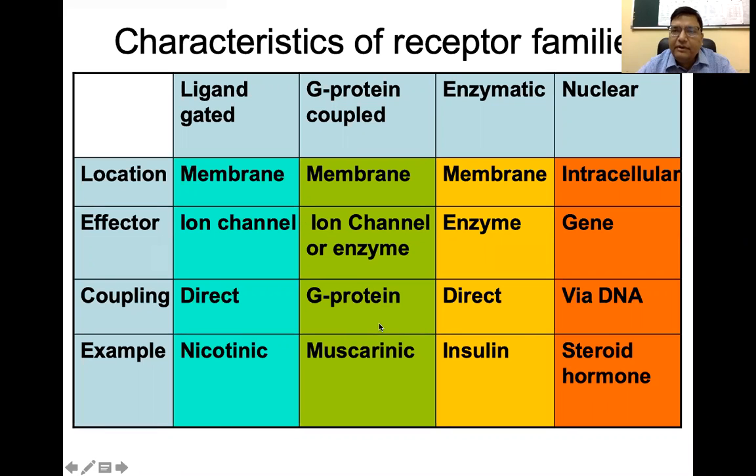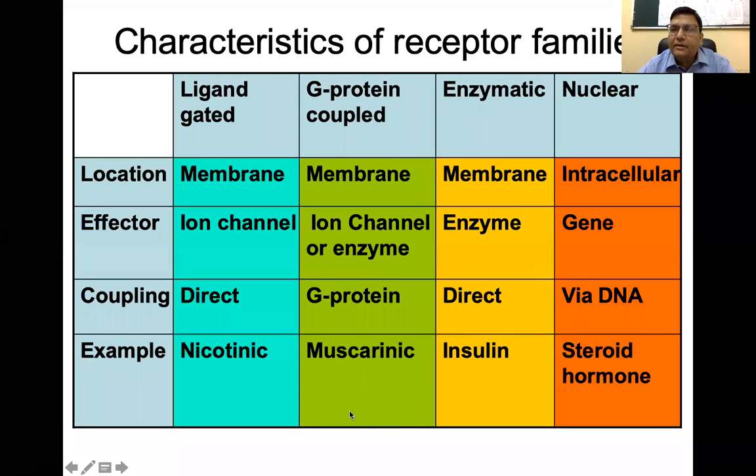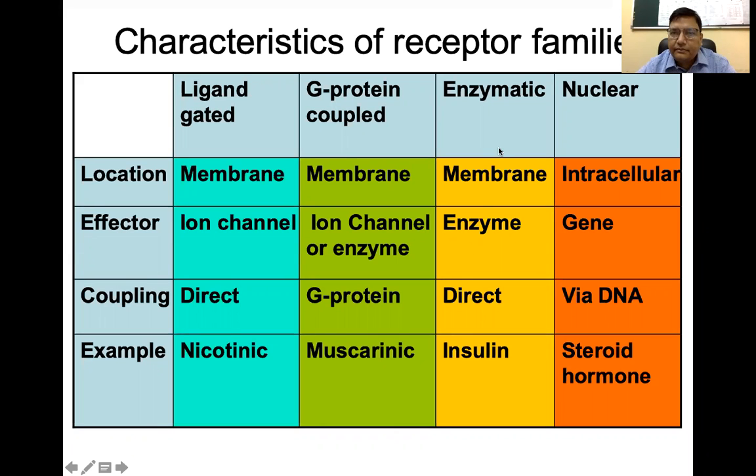So it is GTP which is bound at the intracellular site, and after the drug binds to the receptors, it produces conformational changes and activation of this G protein, and this G protein then through different pathways is going to influence the ionic channels or the enzymes. Example is the muscarinic cholinergic receptors.